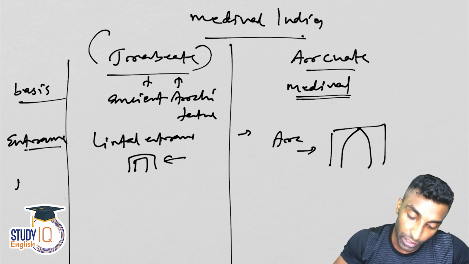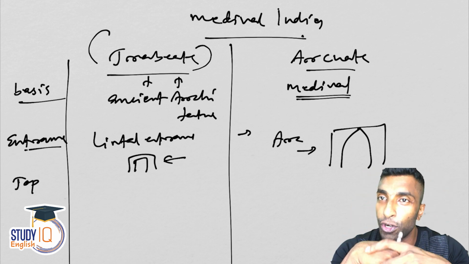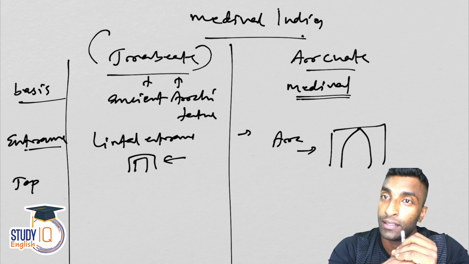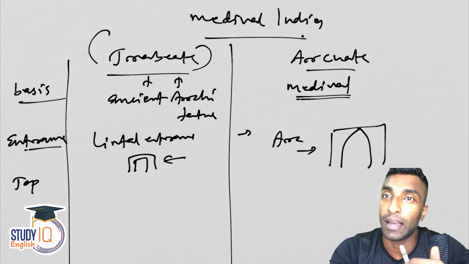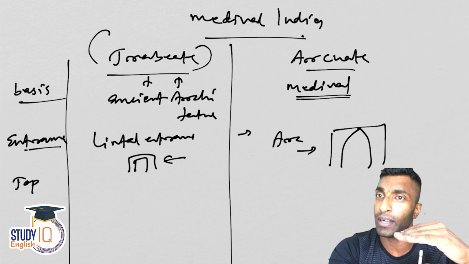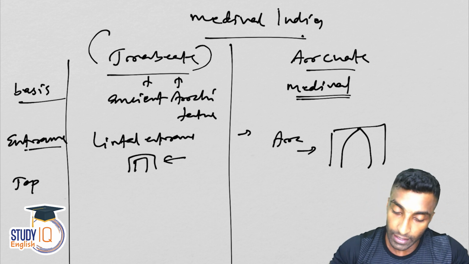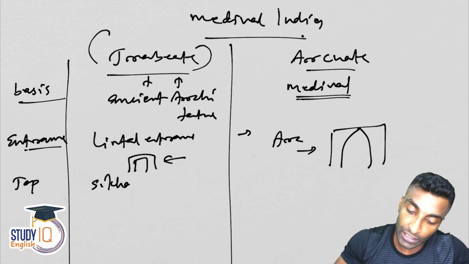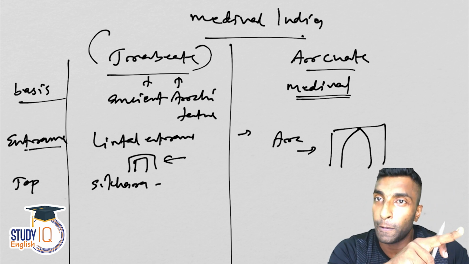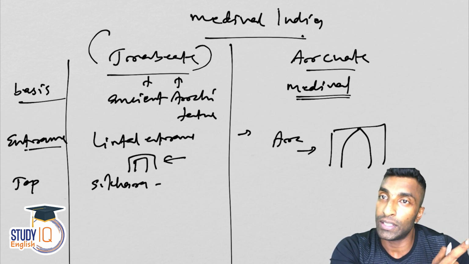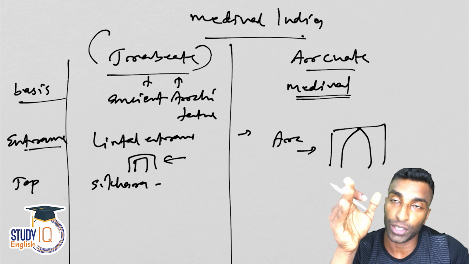And how about the top? Guys, in ancient, we have already seen that there will be a shikhara. When we discussed Nagara style, we discussed the shikhara, which is a curvilinear tower on a flat top, on the base. And when we discussed Dravida style, we discussed the Vimana, which is again a pyramidal structure.